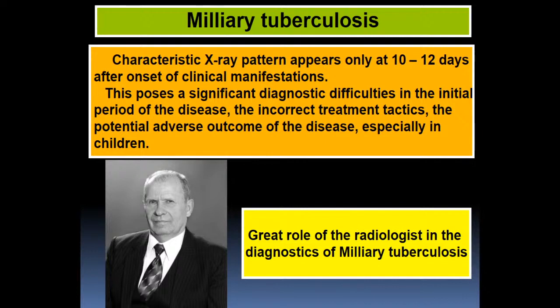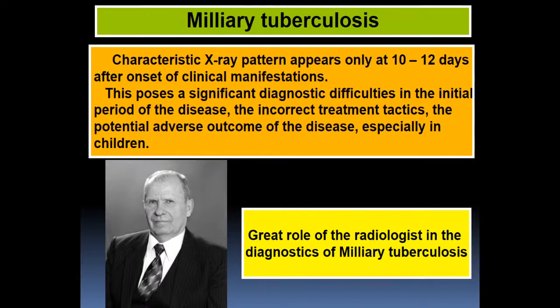The characteristic X-ray pattern appears only 10-12 days after onset of clinical manifestations. During these days, we can see on X-ray only a severe lung pattern and cannot see focal shadows.